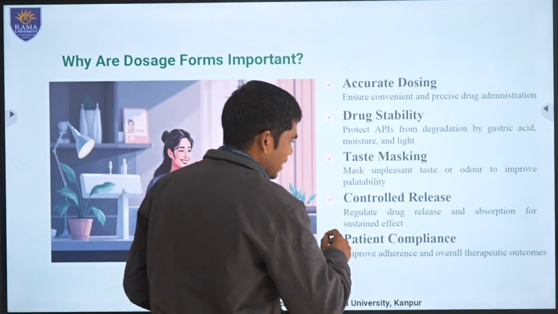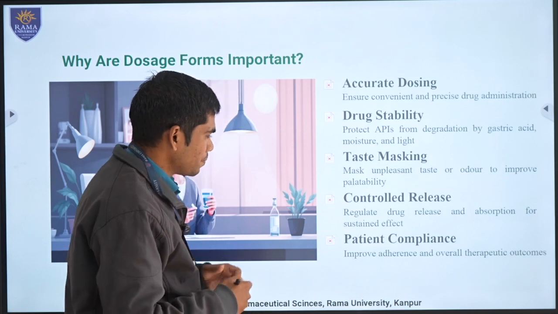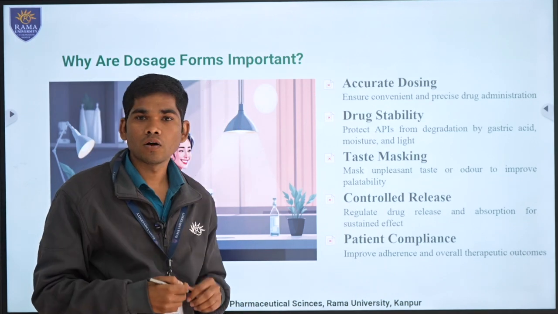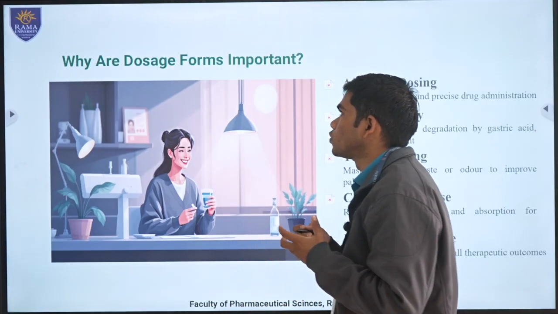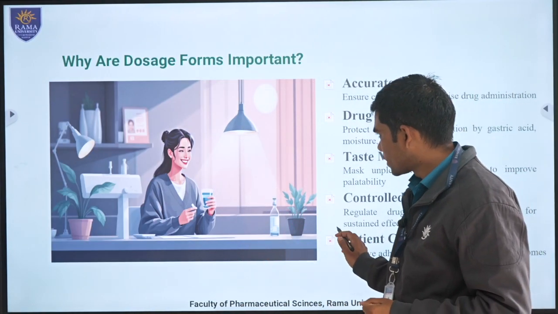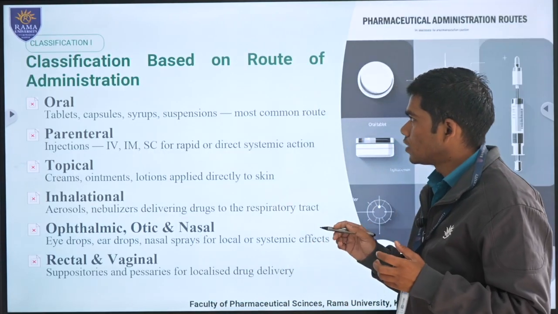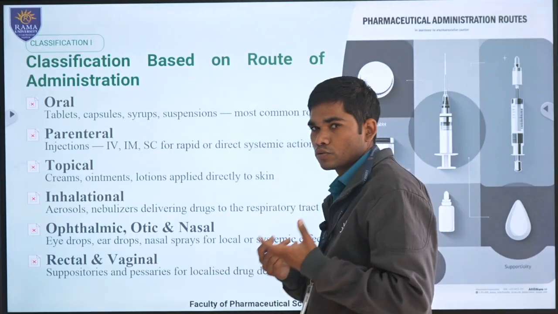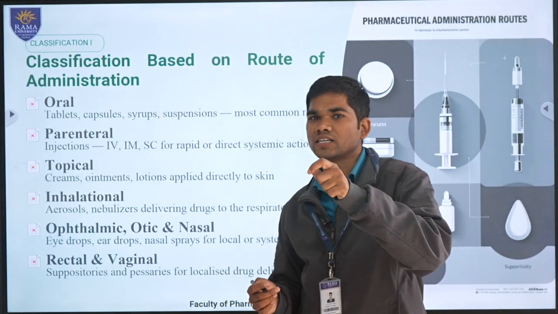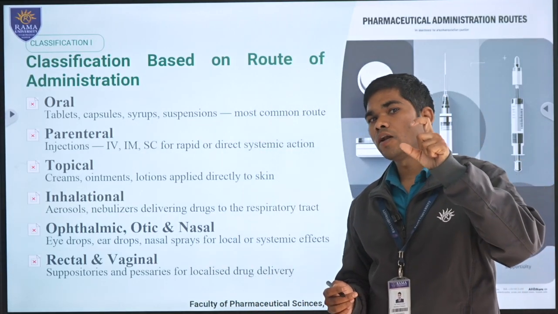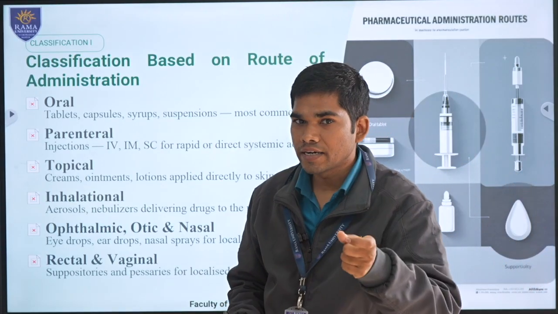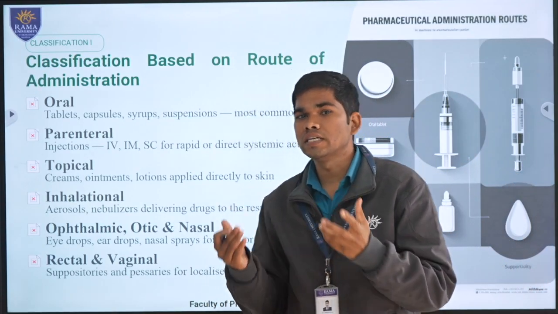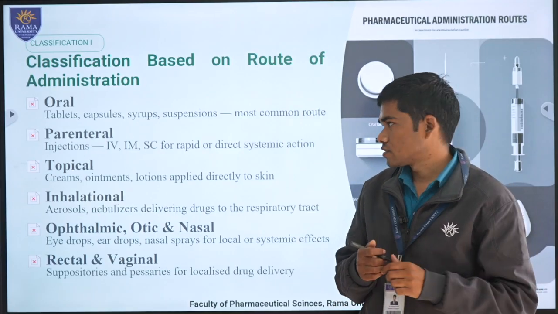Then patient compliance, like improved adherence and overall therapeutic outcomes. That's why the dosage form is important. So the dosage form, the API and excipients, is a physical form of drug which the patient takes into the body for the treatment of diseases.